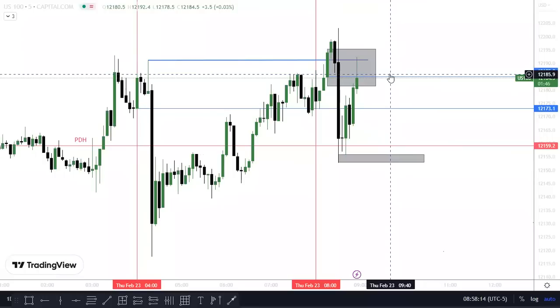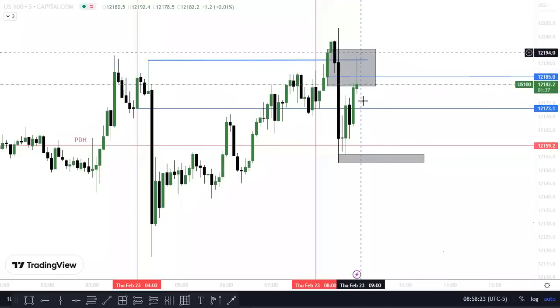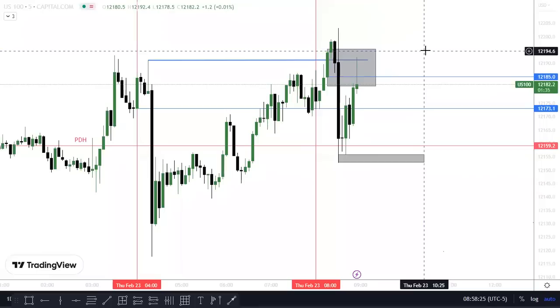And there we go now, 8:58. So now when this M5 candle closes, we need to be below this order block, that gray box. Those are the if this then that scenarios.